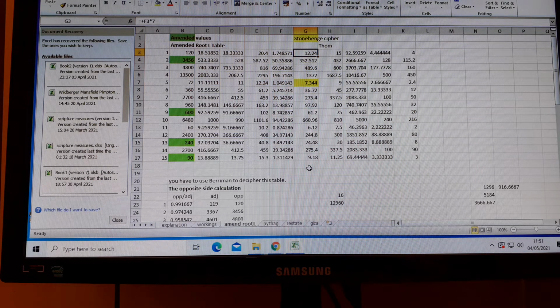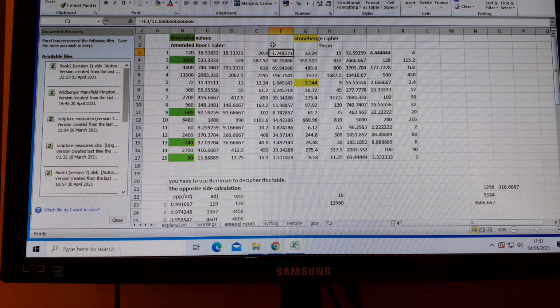Now 11.666 is Berryman's Egyptian foot. I can't go into the mechanics of all this at the moment, but let's just say that I knew why I was using 11.666 at the time, but it's too complicated to explain it at the moment. But if you look at Berryman's book Historical Metrology, the Egyptian foot is 11.66 inches.